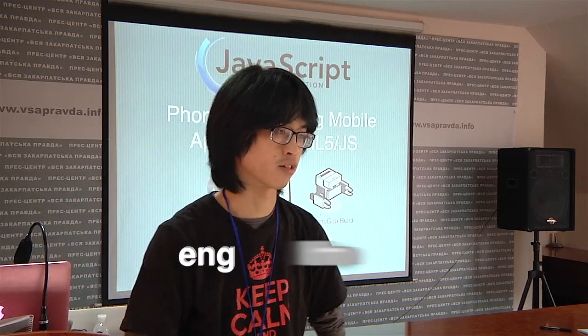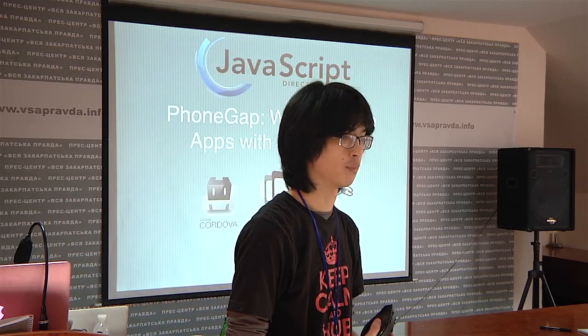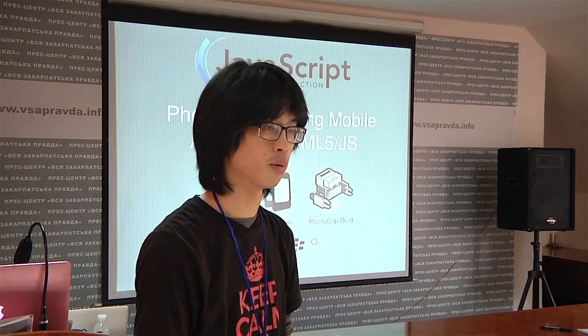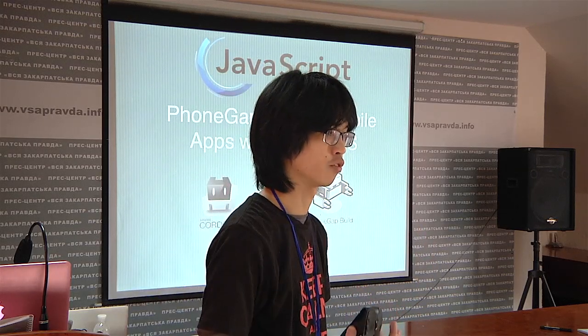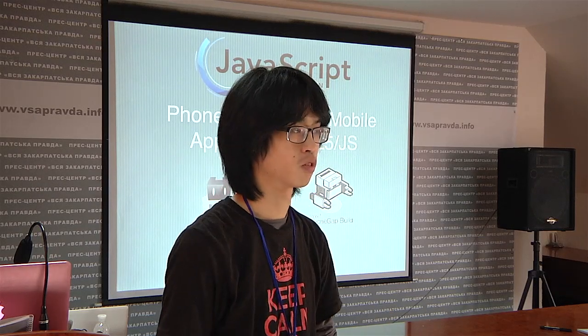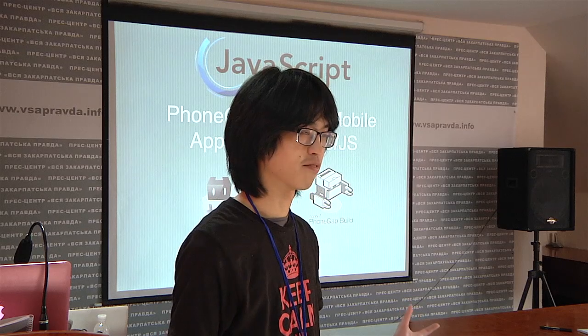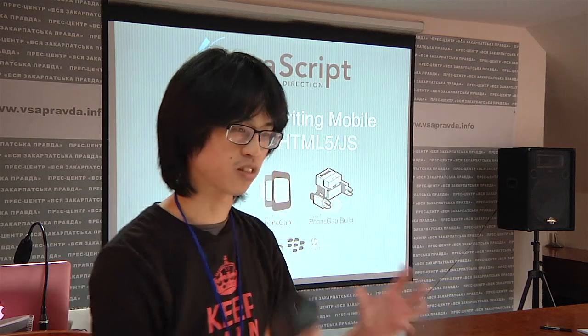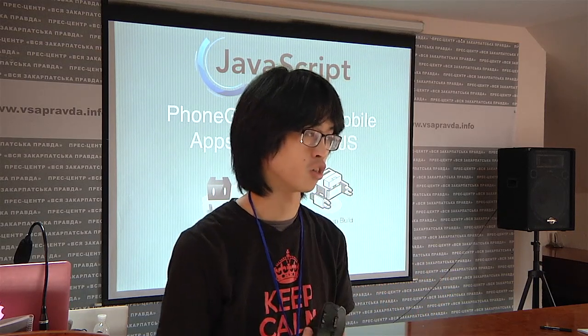Today, at the JavaScript conference, we have learnt a lot about JavaScript and about things like the frameworks, about using the DOM, WebGL, and a lot of knowledge about JavaScript. And to make it more useful for you, I can tell you how you can use HTML and JavaScript to make native applications on your phone.